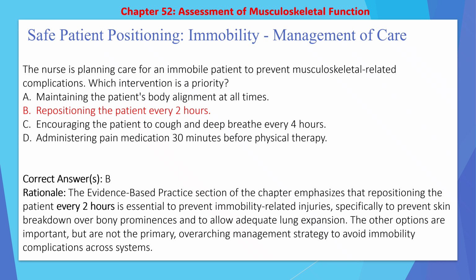So if you have the Davis Medical Surgical Nursing, edition 3, because this is the book I'm using, go to chapter 52 and read more about the evidence-based practice section, and also the red safety alert from each book, and mostly nursing management.